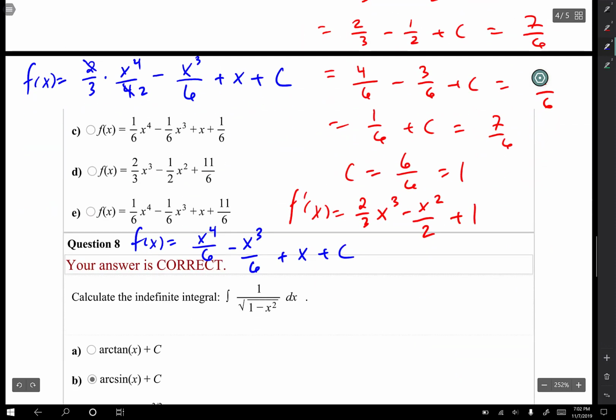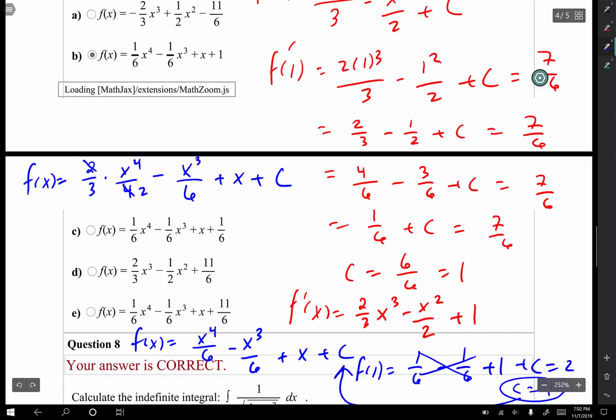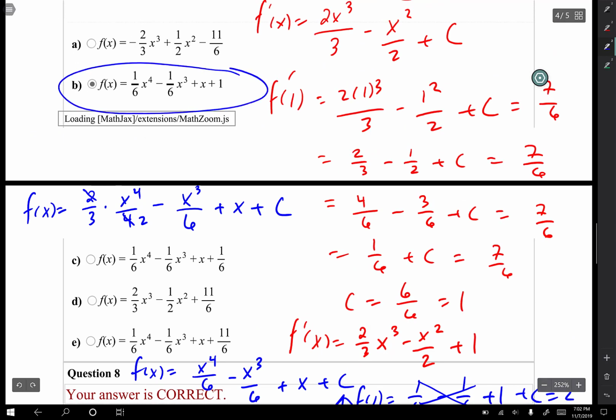So f of 1 equals, plug in a 1, so I get 1/6 minus 1/6 plus 1 plus c equals 2. The 1/6's cancel each other out. Move the 1 over. C equals 1, and I got my equation. Just plug in a 1 in there. And there it is right there, guys.